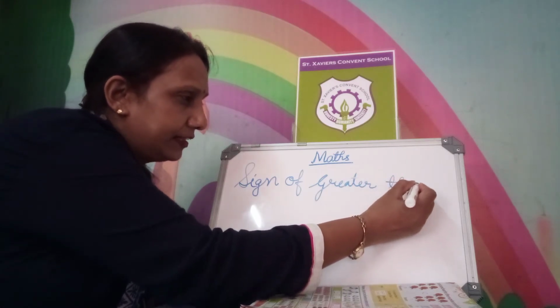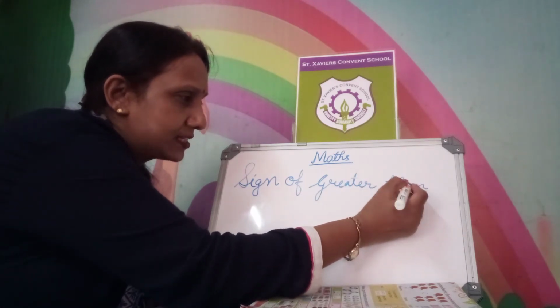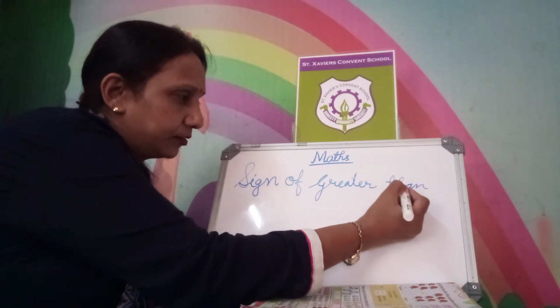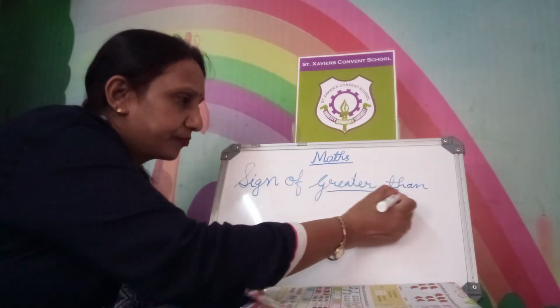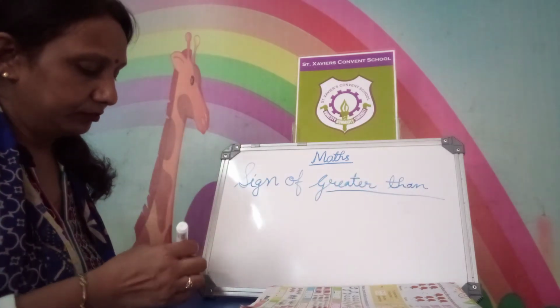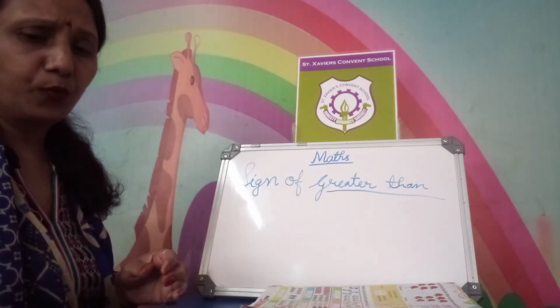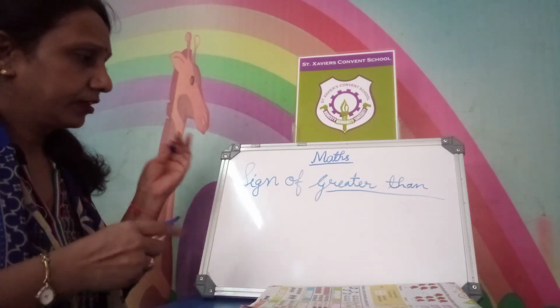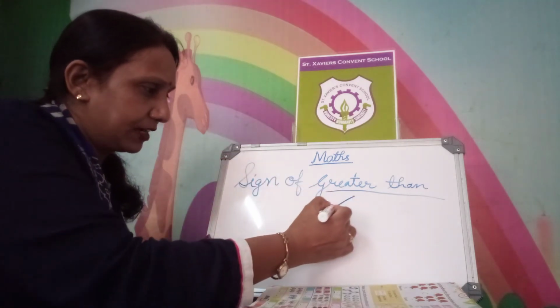Why do we write than? Just because we compare the things, that's why we write than. Between 2 things we compare, 2 groups. This one is the greater one. This is the sign of greater.